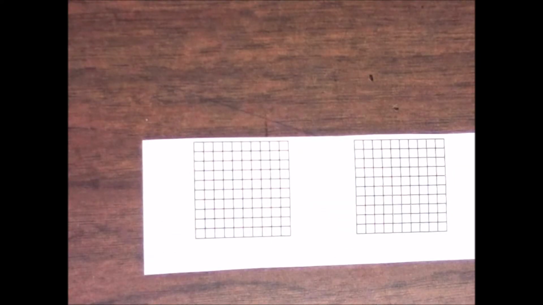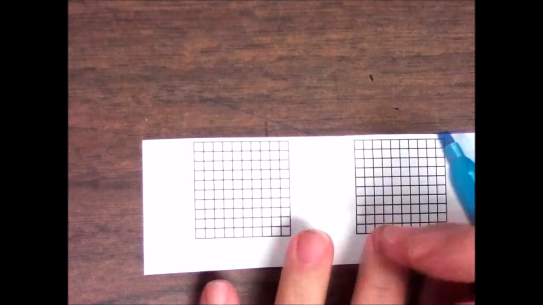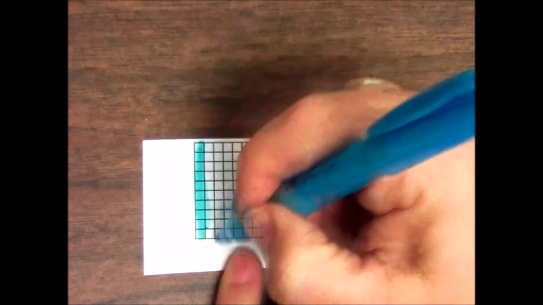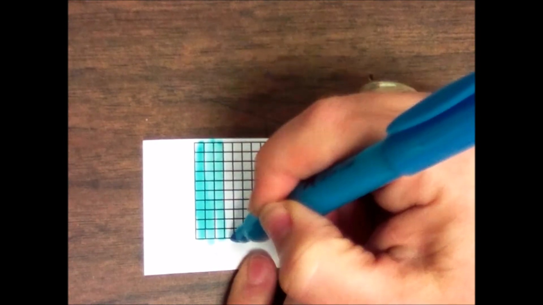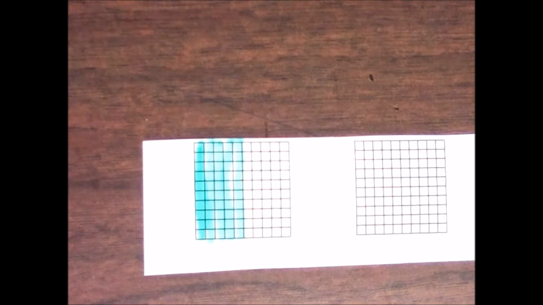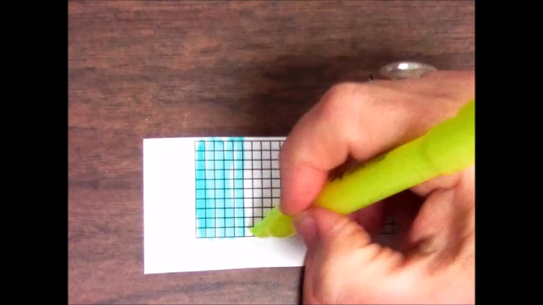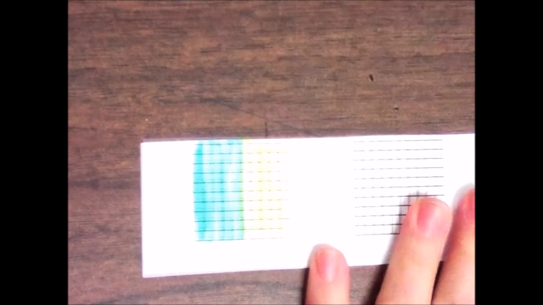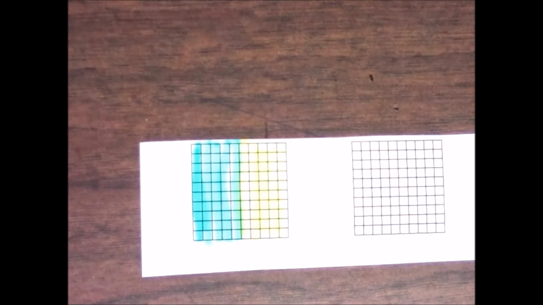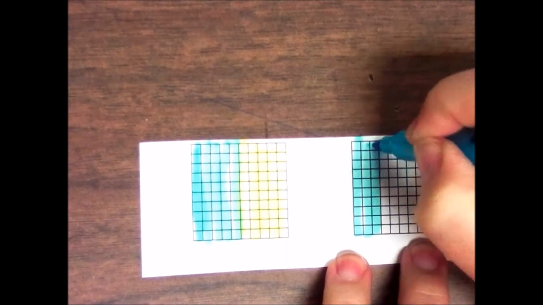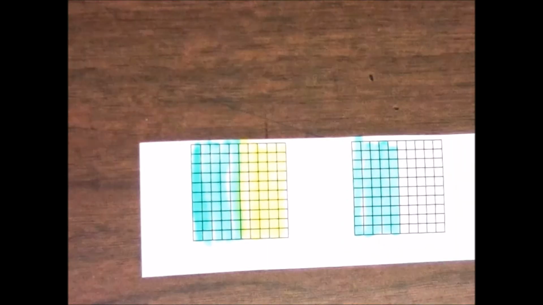So for that problem, 3 times 5/10, when I get ready to do this on the grid paper, I would shade in one group of 5/10, two groups of 5/10, and then a third group of 5/10.